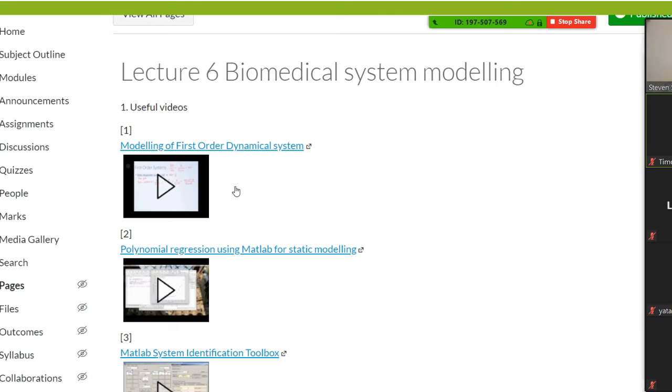They can memorize what input you have given before. But the second one is called static modeling. That means this kind of modeling doesn't have a relationship with the history. You give any input, and my output immediately changes corresponding to the input. So this kind of system is called a static system.